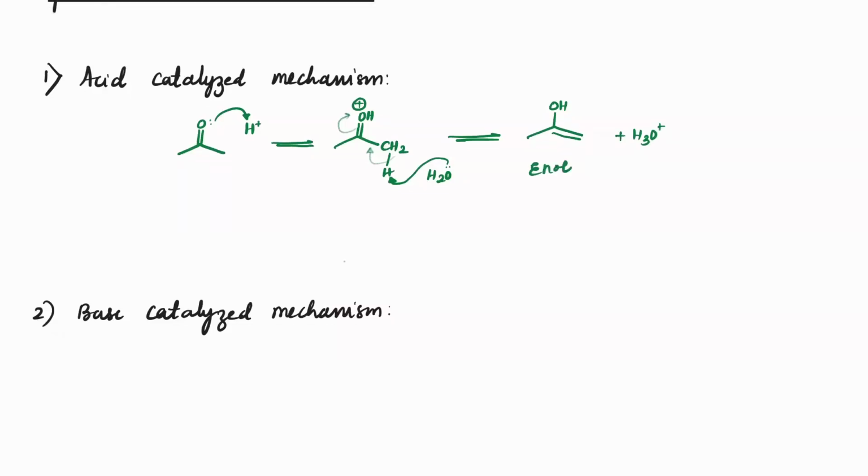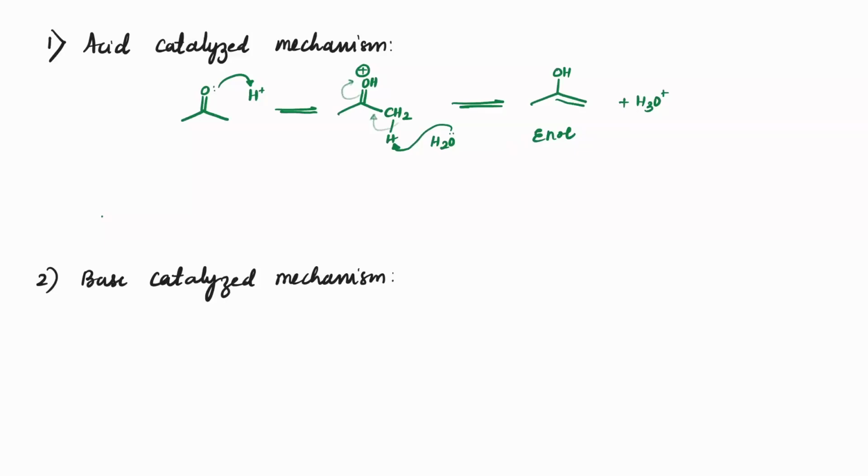And the reverse is also true. If you start with enol, and you have water molecule and H plus here, the lone pair on this oxygen will push here. The pi bond will take away H plus.